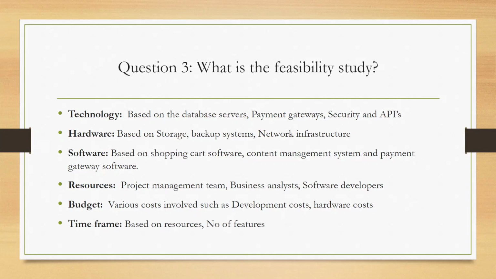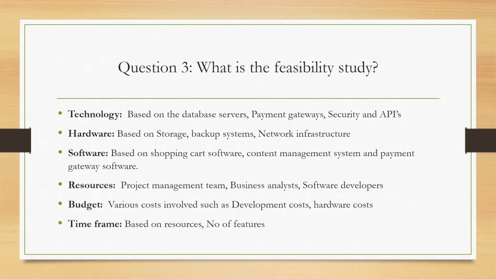So we need to check each and everything, and only then will we take that project. The technology also: the client needs all the application and coding to be written in Python, but we have only Java developers.